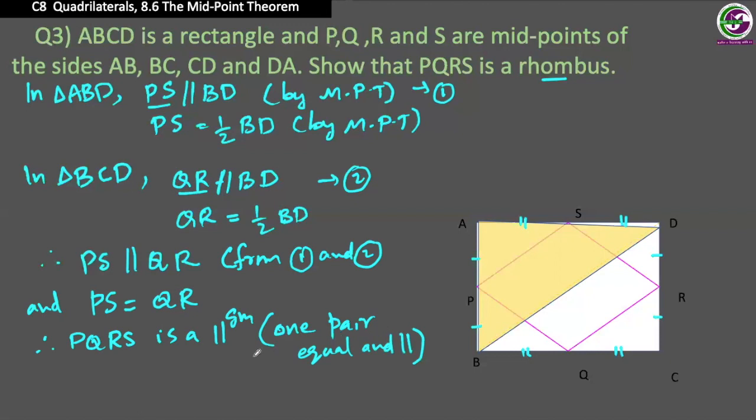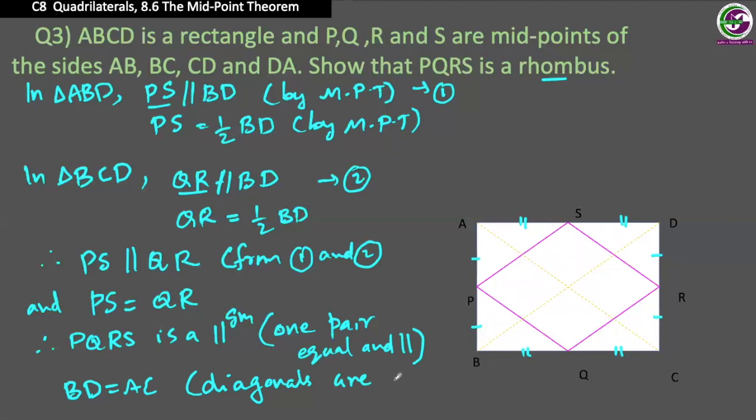Now, to show that a parallelogram is a rhombus, we have to show that any two adjacent sides are equal. For that, let us consider the diagonal AC. So we know that BD is equal to AC because diagonals are equal in a rectangle.